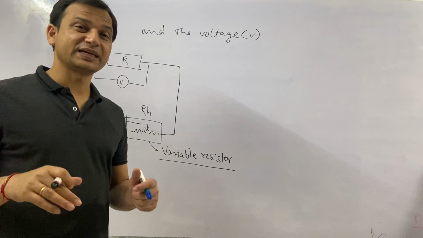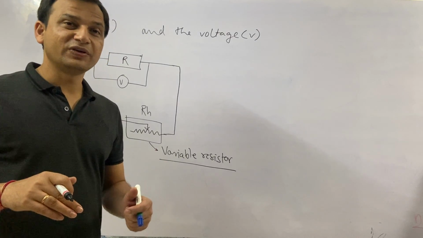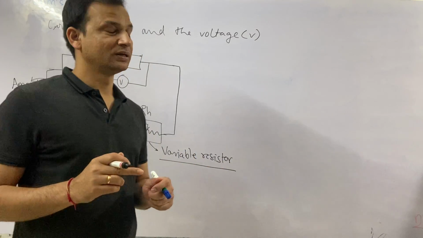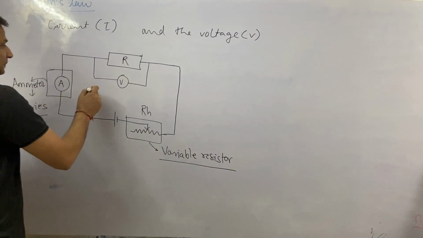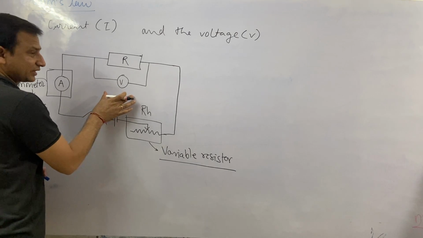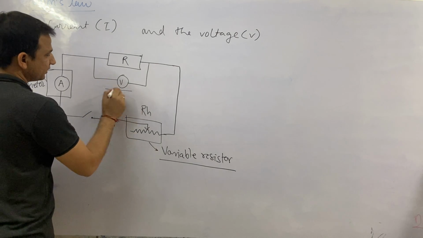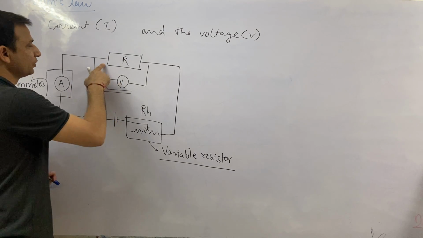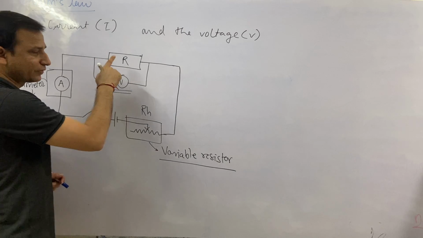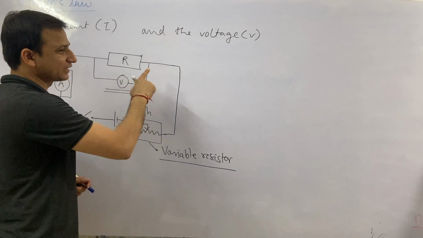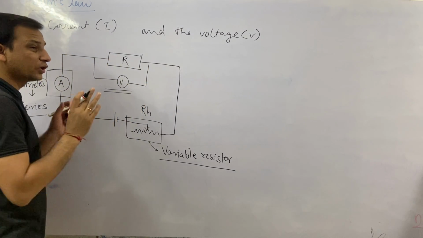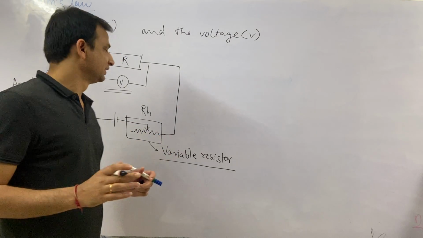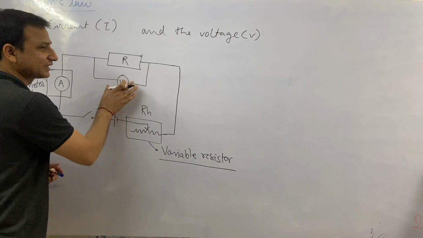If you connect an ammeter in parallel, it will act as a good conductor and short the circuit. The voltmeter is always connected in parallel to the resistor or fan or any other electrical component whose voltage you want to measure.